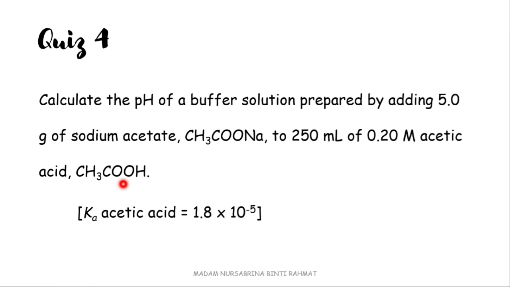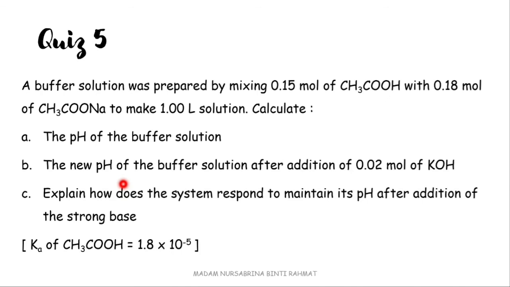Okay, so this one is just a simple calculation to calculate the pH of your buffer solution, and this one is an acidic buffer because of the reaction between acetic acid and sodium acetate. So you're just going to use your Henderson-Hasselbalch equation, and you have another quiz, which is quiz 5, which is more difficult.